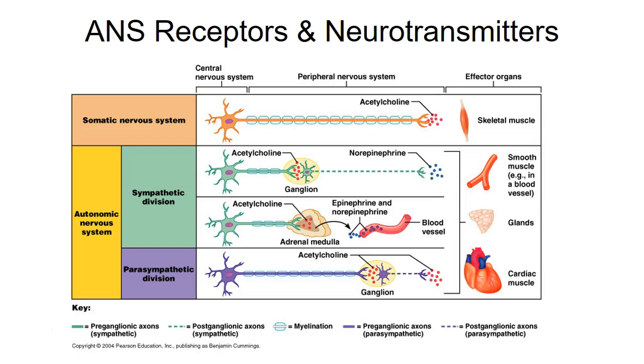It's going to help you with trying to remember what's going on. So by default, think about acetylcholine. The only difference or exception is going to be in the postganglionic neuron of the sympathetic division. So here, the parasympathetic is always acetylcholine. Here, sympathetic, we have acetylcholine and then epinephrine, norepinephrine being released.